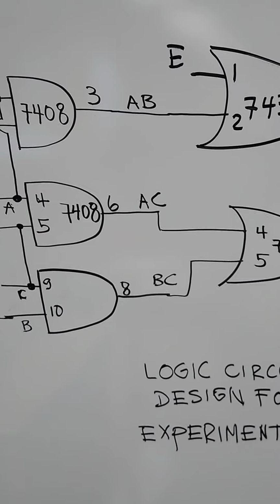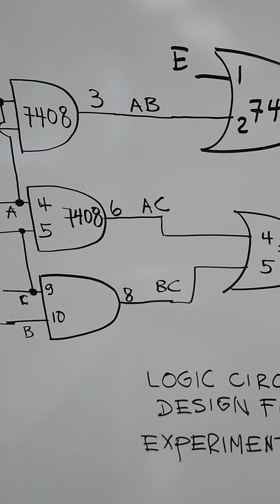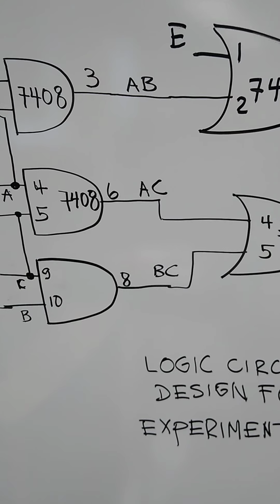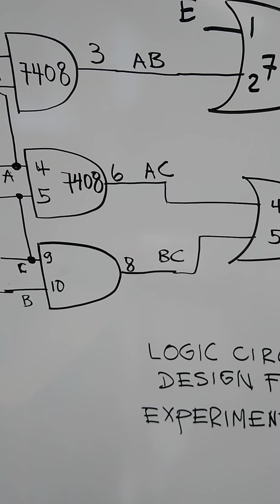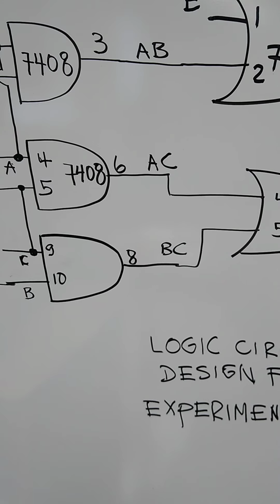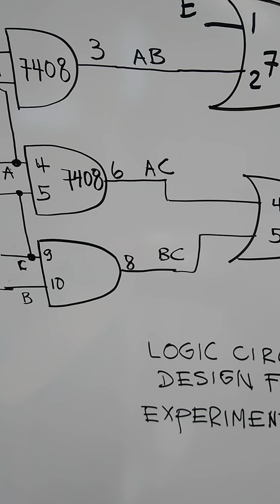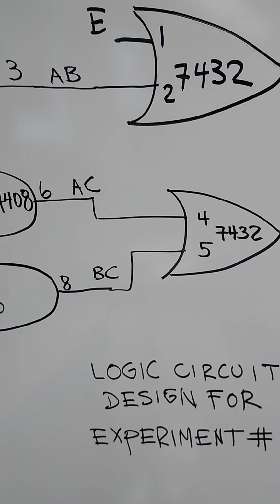So as you can see here, I'm writing the pin numbers in each line. So at the time that I go to do the wiring, it will be easy for me just to do the connection between the pin 3 of the 7408 to the pin 2 of the 7432.